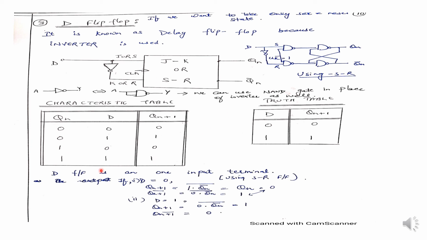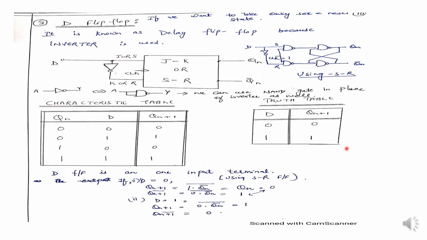So that is the characteristic table, and you all know how to find the truth table from the characteristic table. How to find the truth table? We will see D equals 0, D equals 1. What is the Qn+1? If D equals 0, Qn+1 is 0. If D equals 1, Qn+1 is 1.